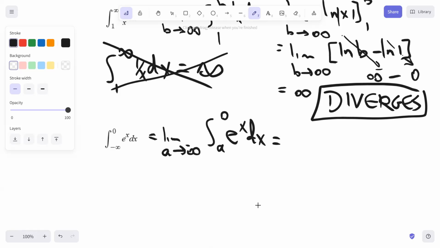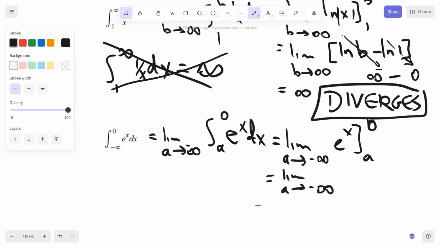The antiderivative of e to the x is e to the x, so this would be the limit as a approaches negative infinity of e to the x, evaluated at a and 0. So the limit as a approaches negative infinity of e to the 0 minus e to the a. E to the 0 is just going to be 1, minus e to the a.